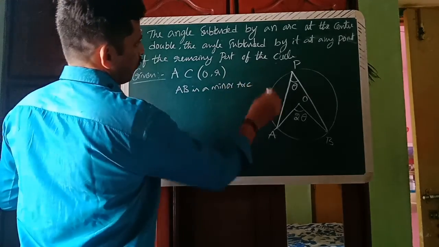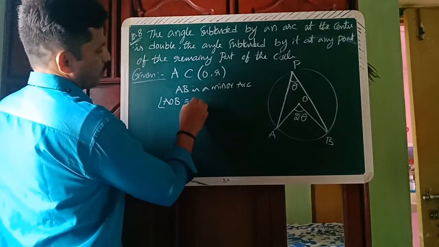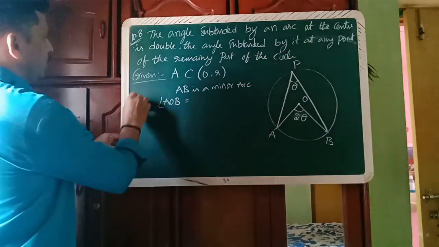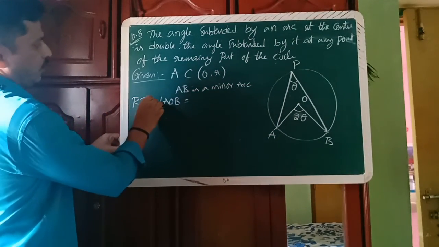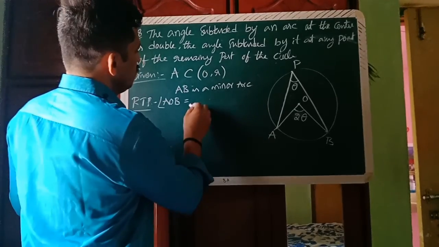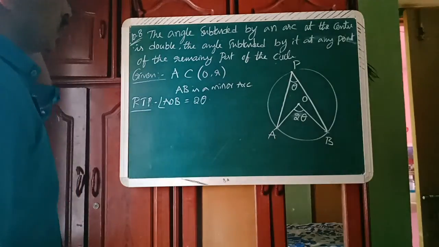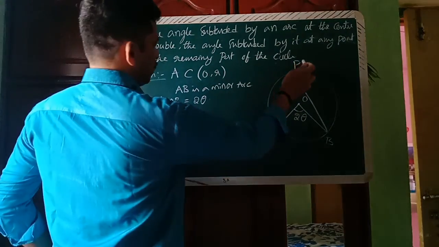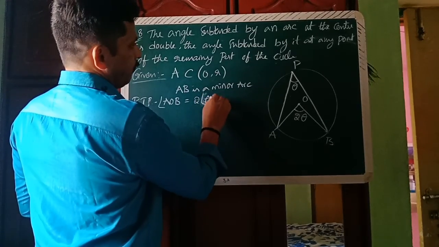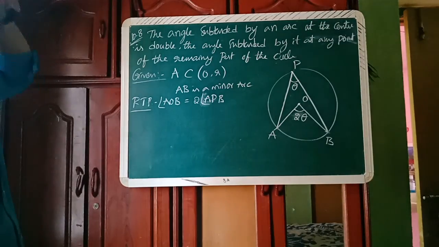Required to prove: angle AOB is equal to 2 theta, that is, 2 times angle APB. Circle with center O, and that's all.